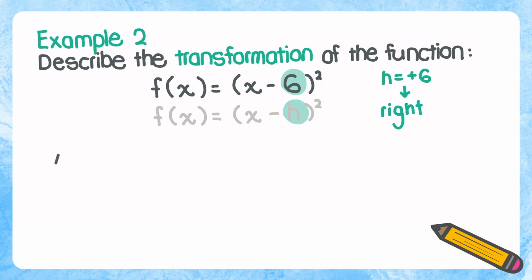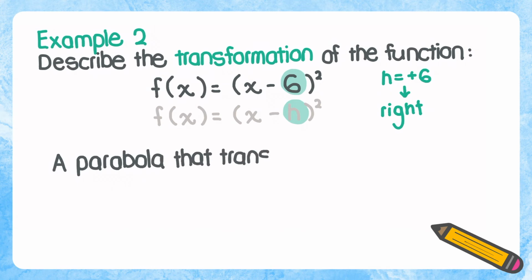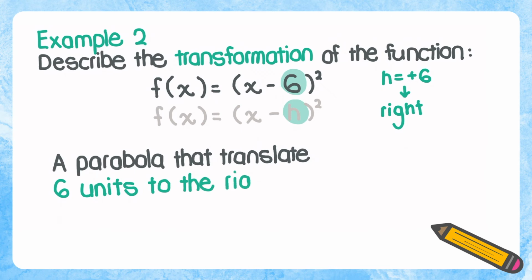So we will be describing this movement. We have a parabola that translates six units to the right, again because h equals positive 6.